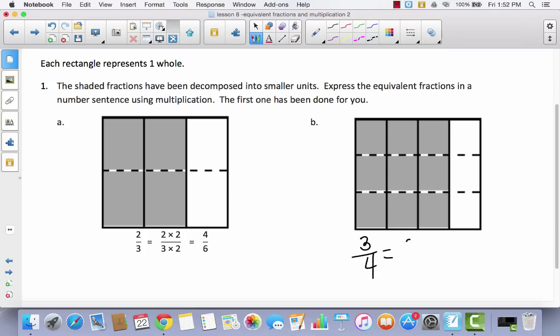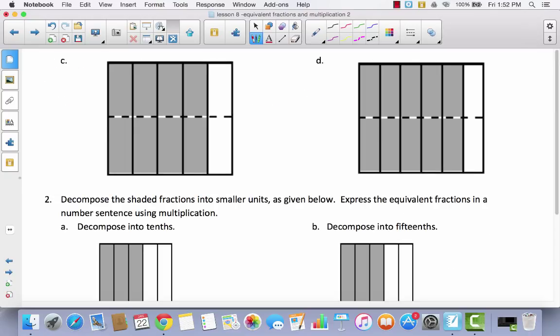And then they took the numerator and the denominator and they multiplied it by the same number, and we ended up with 1, 2, 3, 4, 5, 6, 7, 8, 9 out of 12. So in that case, we would have to multiply the numerator and the denominator by 3 in order to get an equivalent fraction.